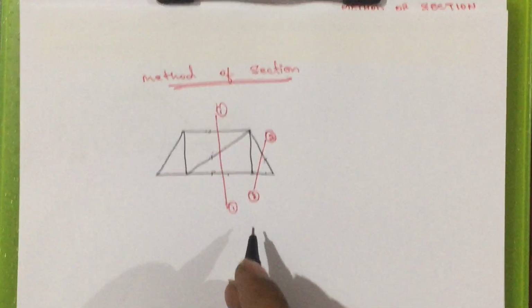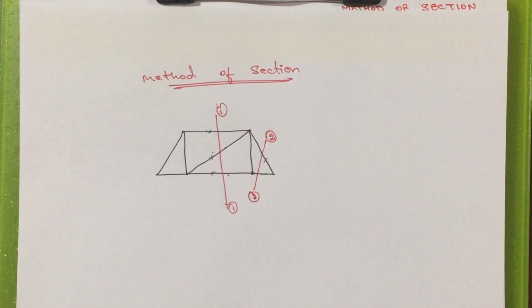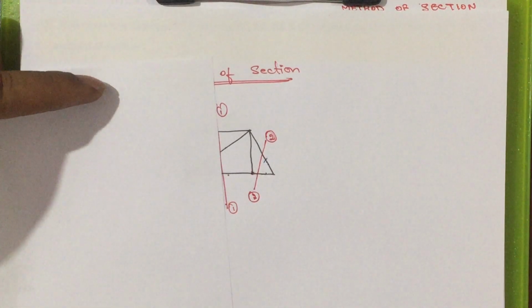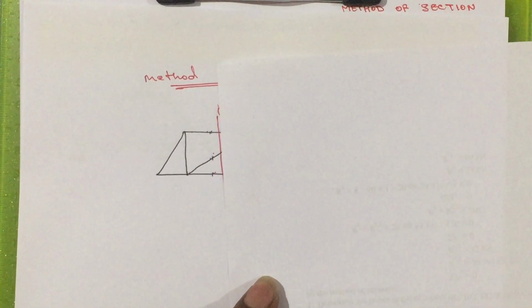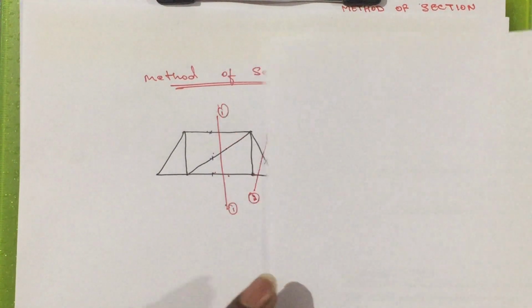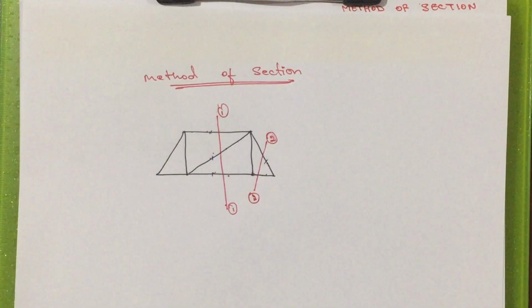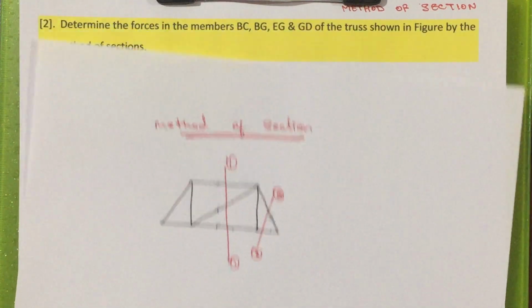When you draw the section line, you need to take either the right hand side or the left hand side of that line, then draw the free body diagram of the same, and calculate the member forces using the equilibrium equations, that is horizontal 0, vertical 0 and moment 0. So, with this basic concept we will proceed with the problems.